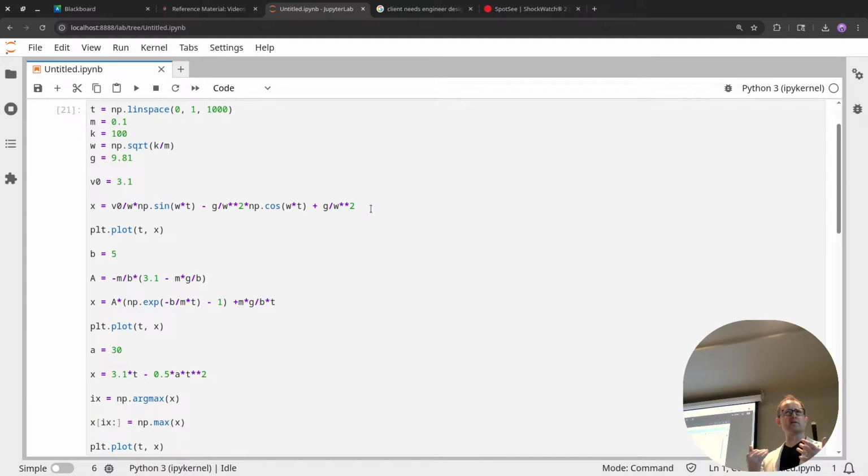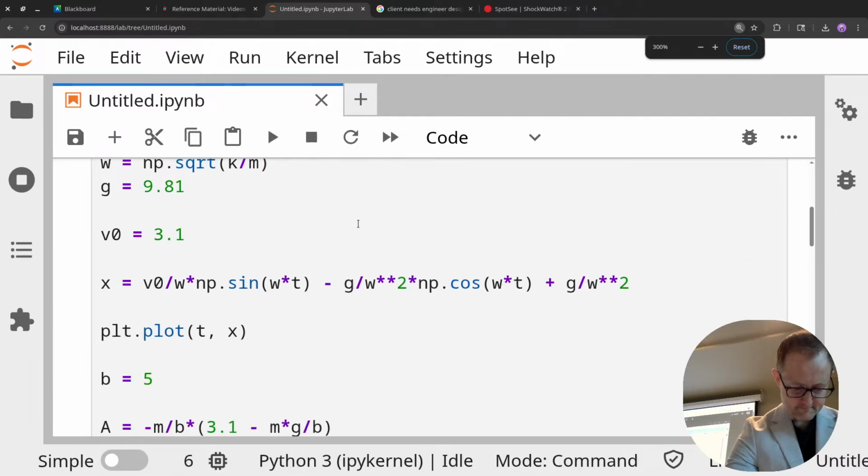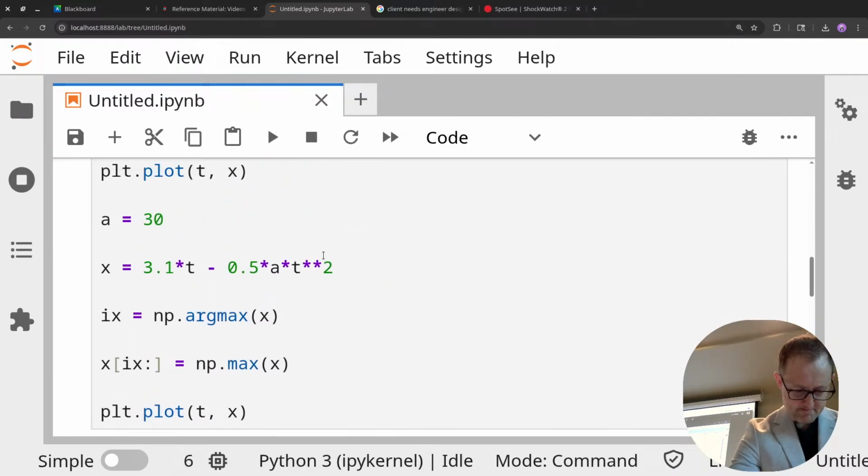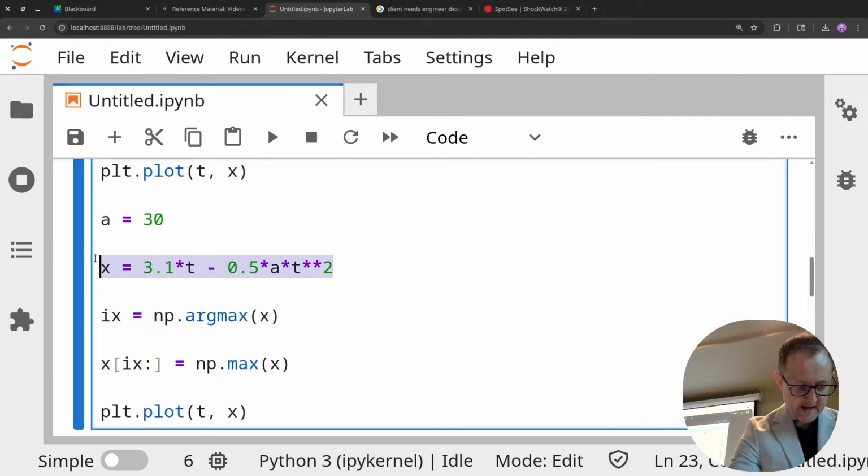But if you use Excel or MATLAB, you can use those for plotting too. Because I'm just taking the solutions to my differential equations to compare them here. Like 3.1 V0 times t minus that 1/2 at squared.